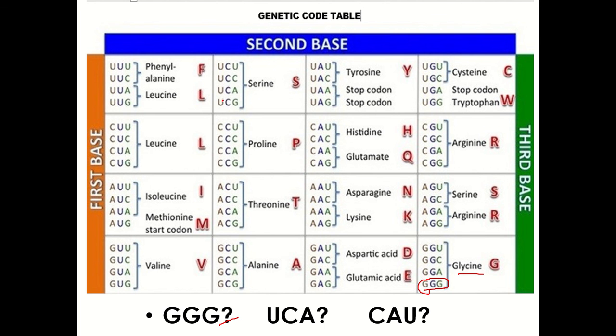So we have U. Then C. Kumbaga, ganyan. And this one is C, A, G. Okay? The other one is dito sa taas, we have U, C, A, G. Okay? So we have U, C, so dito, A. Yan, U, C, A, serine.